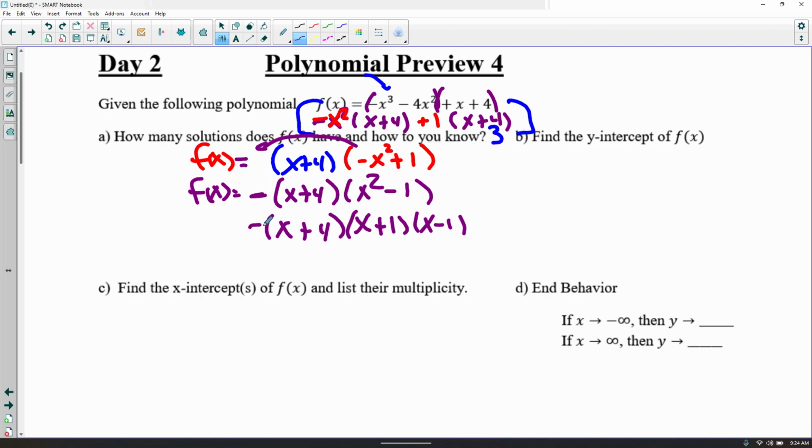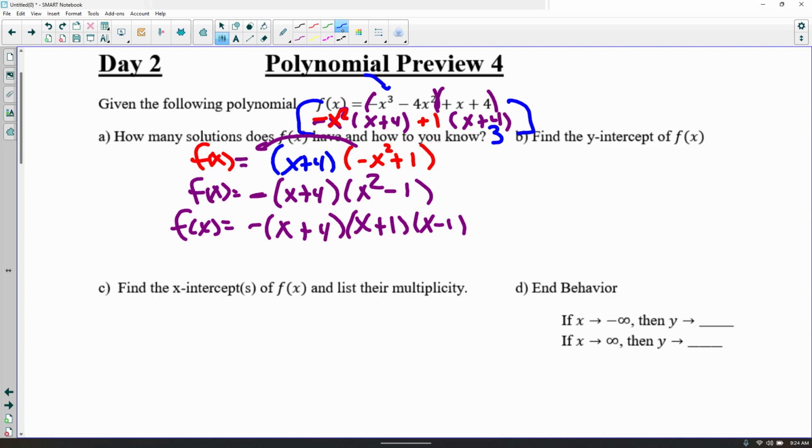Your whole goal is to bust this apart as far as you can, all right, until you have either quadratics that are prime, that you can't factor. So if you get to the quadratics that are prime or imaginary, we're going to have to use the quadratic formula to find those solutions if we need them. Graphing, we don't need imaginary solutions, but we will need the irrational if they are irrational. It's rare that we actually deal with those. When our polynomial unit, we try to make all the answers be rational.